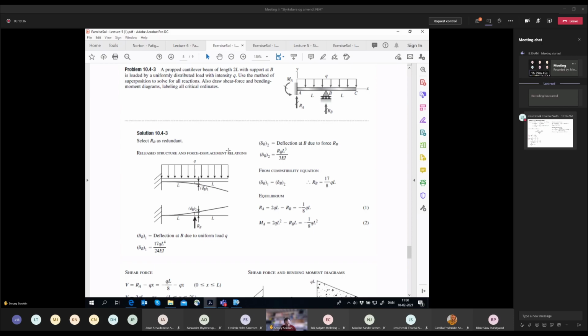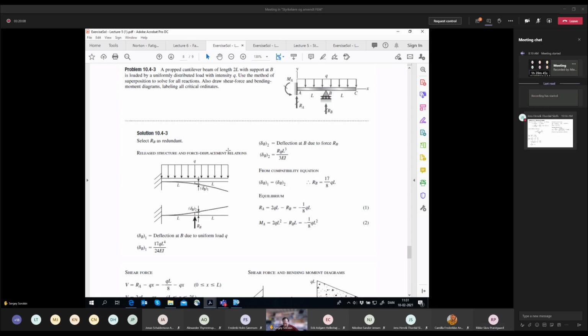We have a cantilever. Yes. So we have appendix G. And in the appendix G, you have case 1. So you see this picture, right? This is exactly what we have with this Q, right? Then you see that there is an expression for the deflection of the beam.